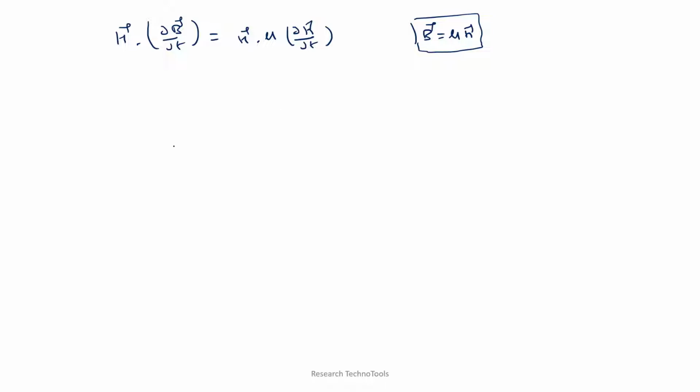Now consider a term, del by del t, that is the partial derivative of H square. We can write H square in the form H vector dot H vector. Now you can differentiate this with respect to time. So you will get del H vector by del t dot H vector plus H vector dot del H vector by del t.